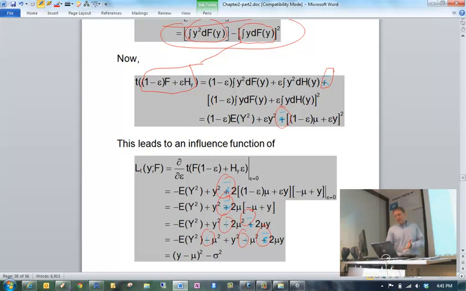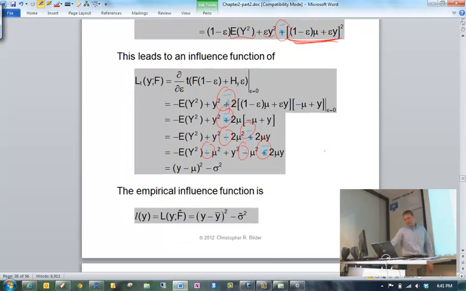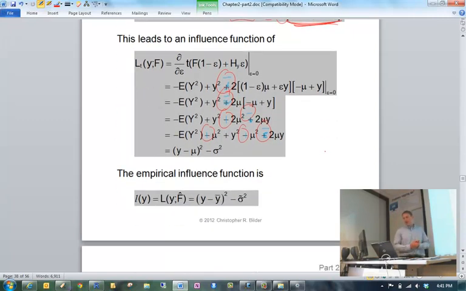We get some simplifications. We just have the expected value of y squared times 1 minus epsilon plus epsilon times y squared. And then we've got the stuff that's in a square over here, which makes it a little bit more difficult to work with. So let's do the influence function. Let's take the derivative with respect to epsilon, evaluated at epsilon equal to 0.